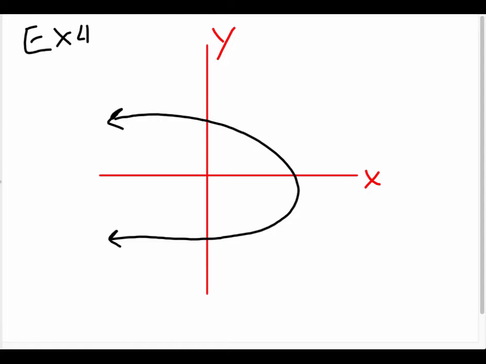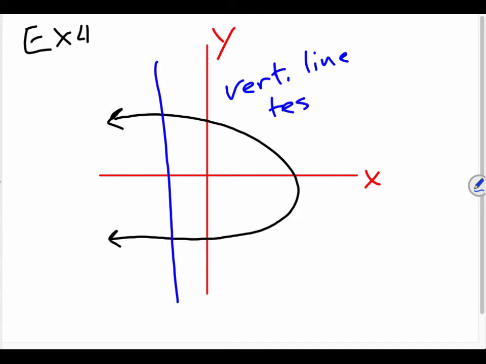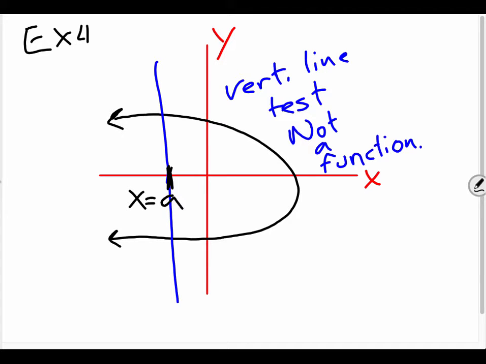And if I do what we call a vertical line test, we can see that this is not a function. And this has a lot to do with example number 3. And the reason I say that is right here, I have an x value, right? Let's assume that x is equal to some number a.